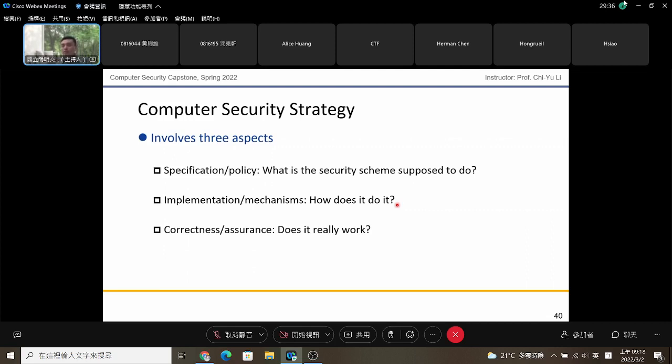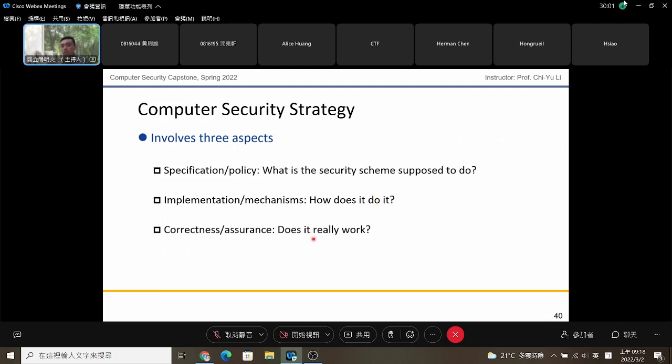But these two levels of passwords may hurt the user experience, may hurt the user convenience of using this system. So there are some implementation or design choices for the policy.